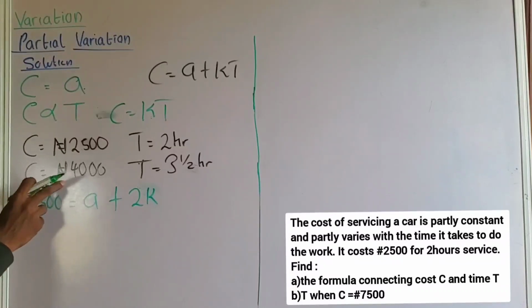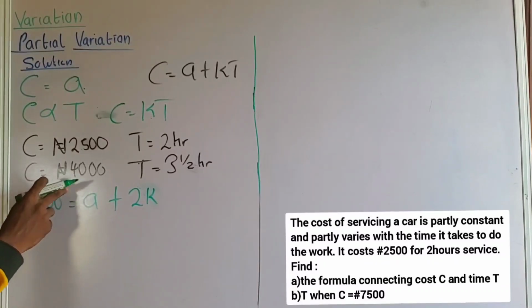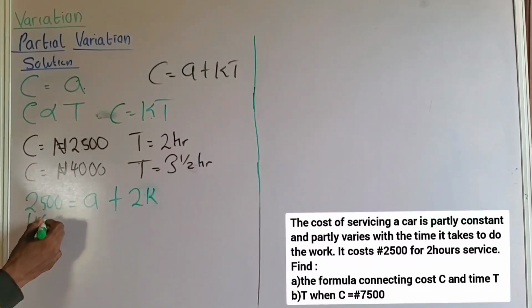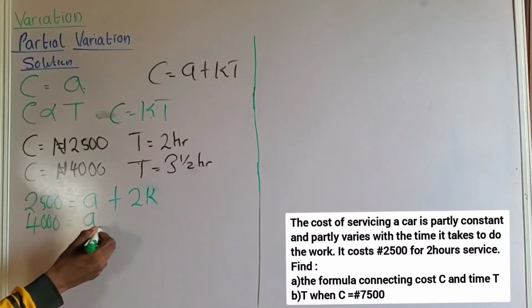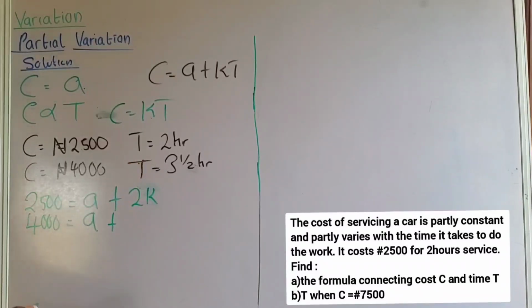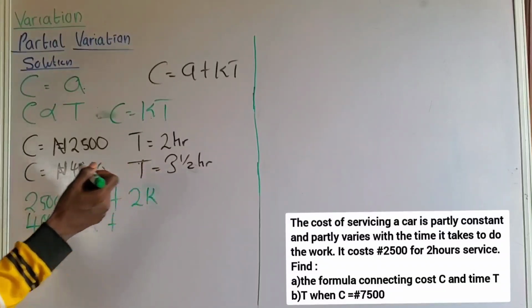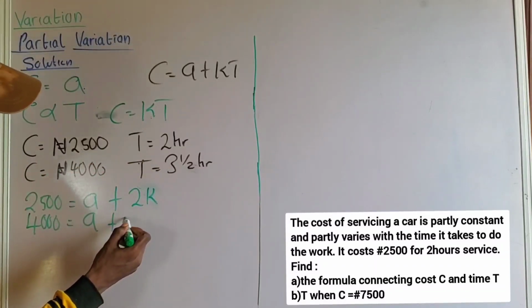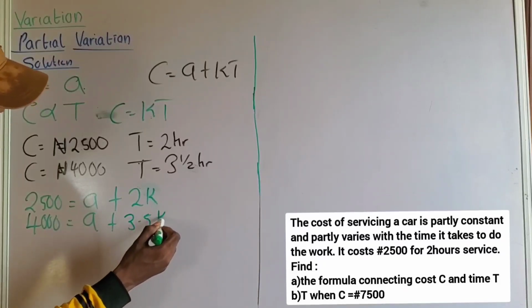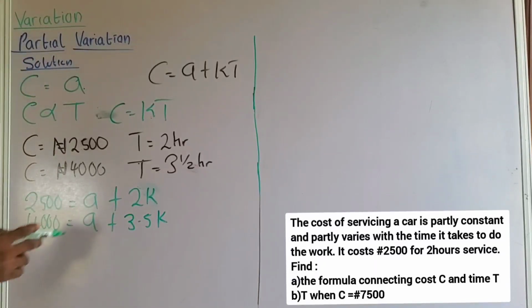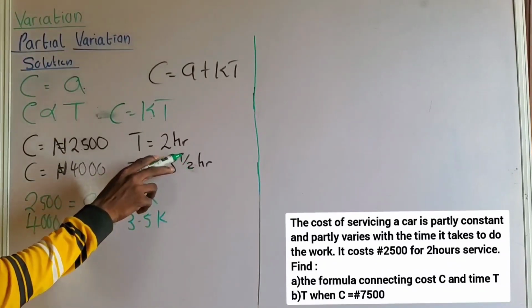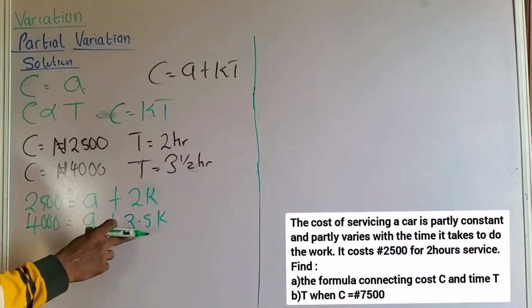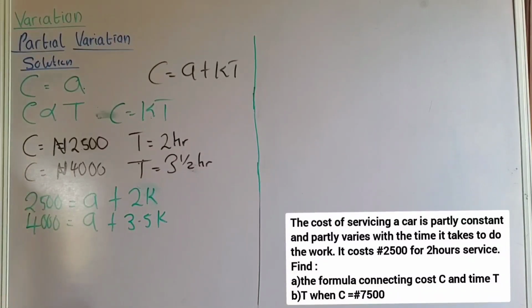So now for the second values that are given, when C is 4,000, we have A plus 3.5 hours, so 3.5K. Because 3 times 2 is 6, 6 plus 1 is 7, 7 divided by 2 is 3.5. I just changed this to an improper fraction and then to a decimal.